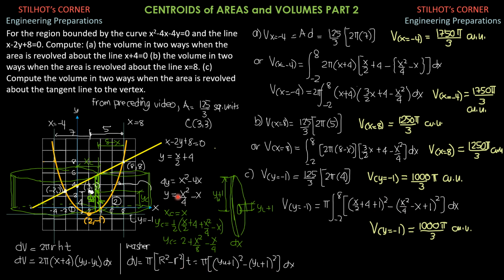Lower y is y of the parabola, x squared over 4 minus 1, then plus 1, quantity squared, dx, the thickness. Integrating using your high-tech calculator, the result is 1000 pi over 3 cubic units. This verifies the result of Pappus's second proposition. So that's it for this video.